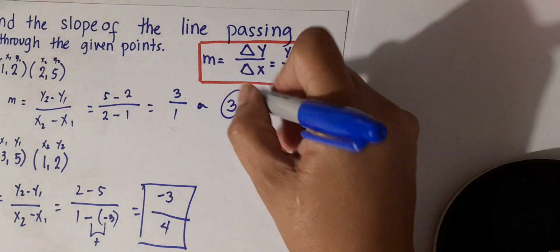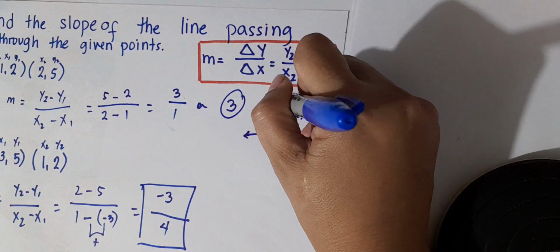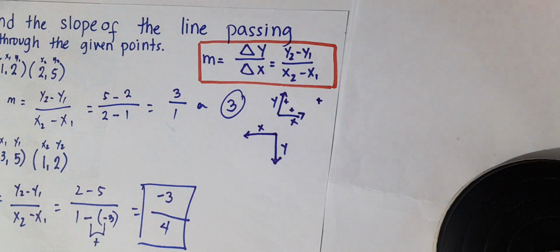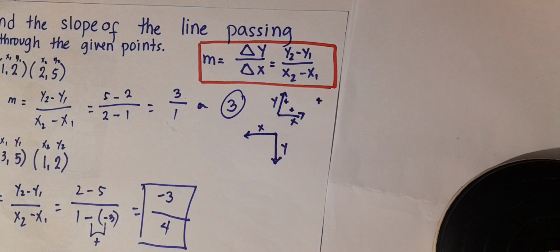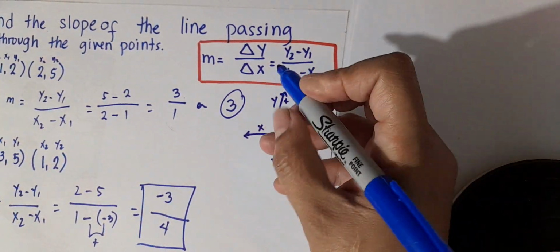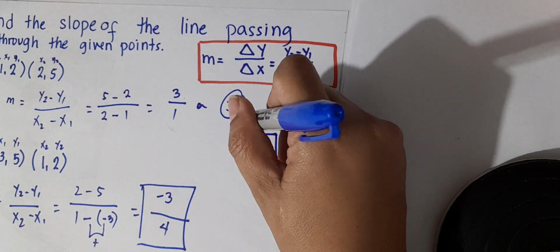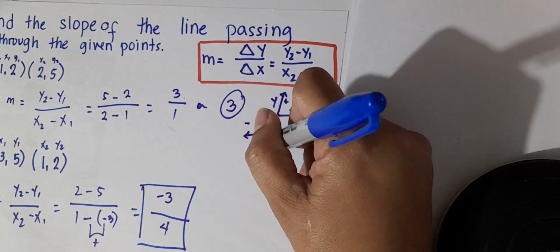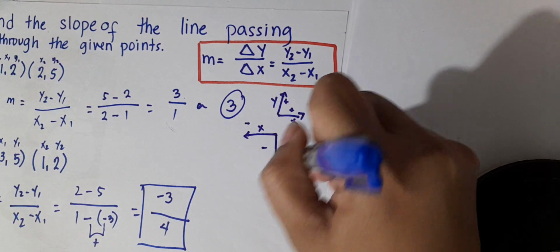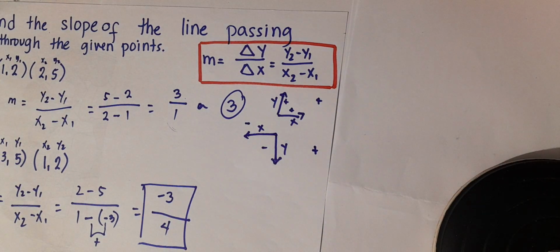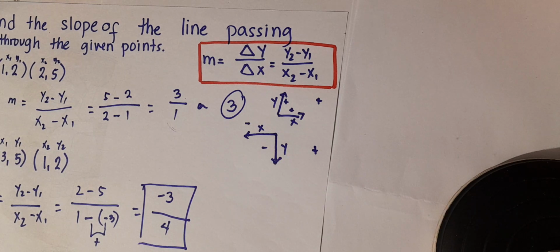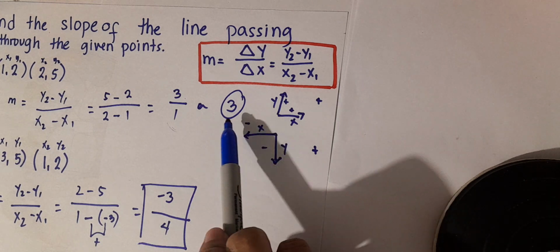Because remember, going up and going right is positive, positive, which is equal to a positive sign. For this one, going left is a negative, and going down is also a negative. So, negative times negative is still equal to a positive final sign. Okay? So, that's how you do it when the slope is positive.